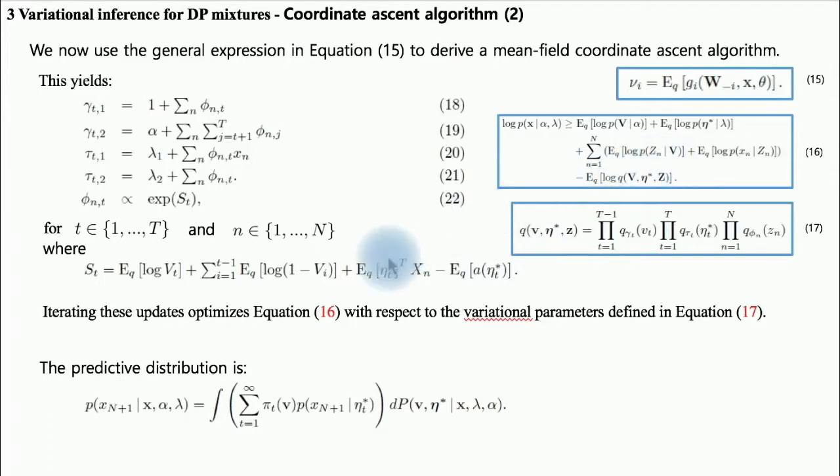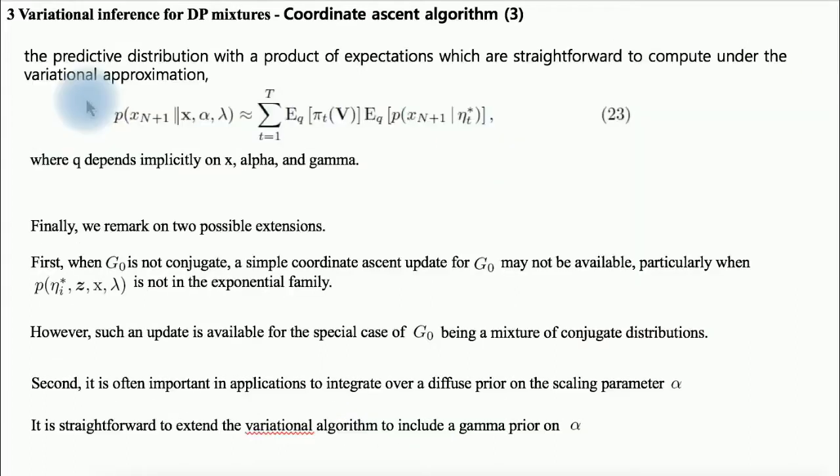The predictive distribution is defined by marginalization of the stick-breaking representation of the latent variables. Under the factorized variational approximation to the posterior, the distribution, the atoms, and the stick lengths are decoupled, and the infinite sum is truncated.